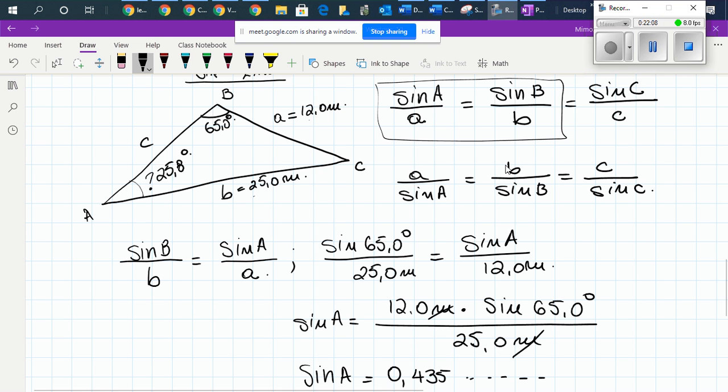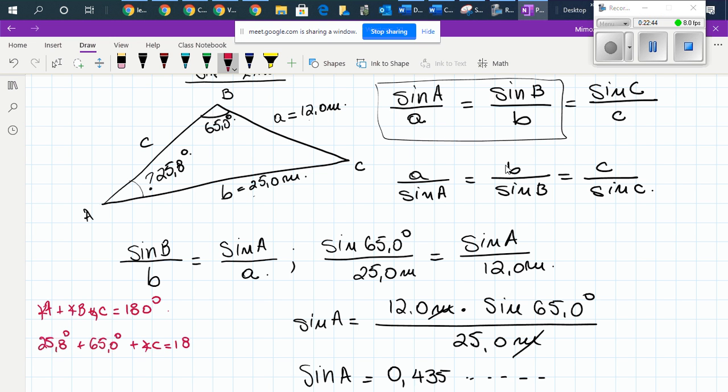Okay, now how do you solve for angle C? Then you go, the sum of inside angles in a triangle is equal to 180. So you can find that angle A plus angle B plus angle C is equal to 180 degrees. So that means that 25.8 plus 65 plus angle C is equal to 180.